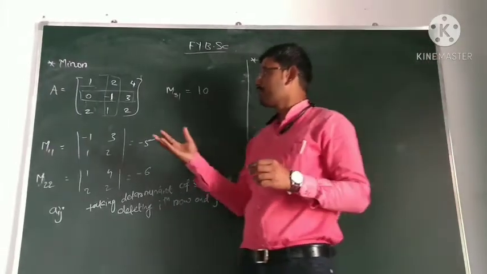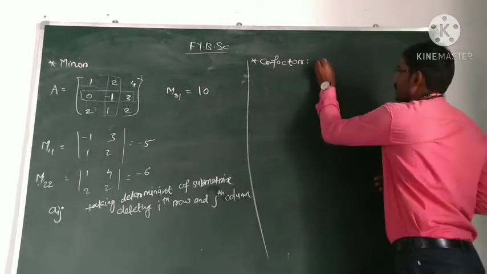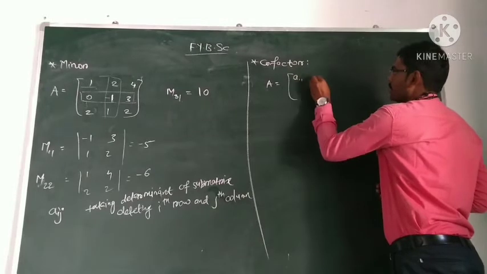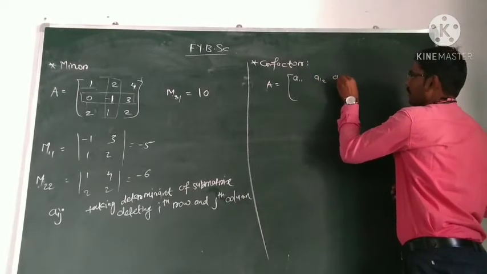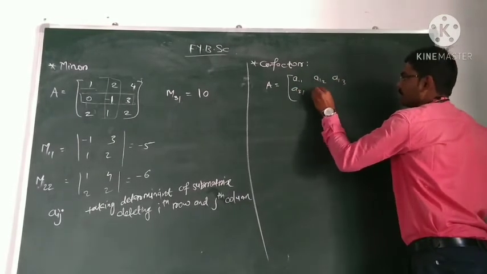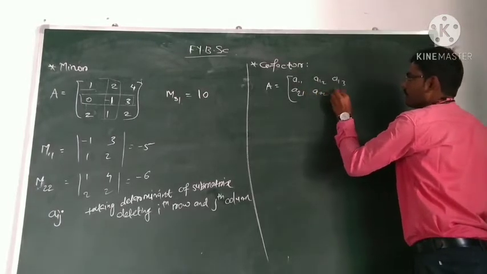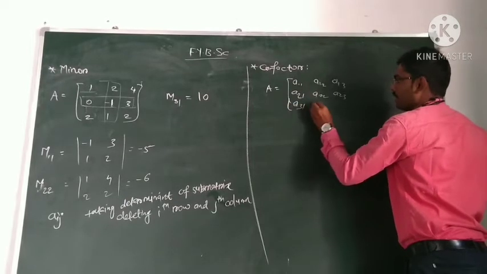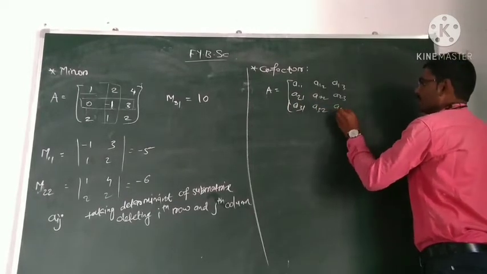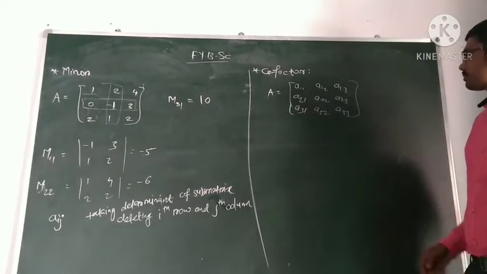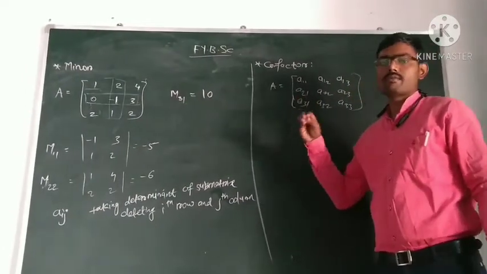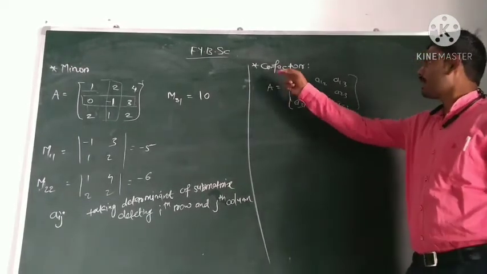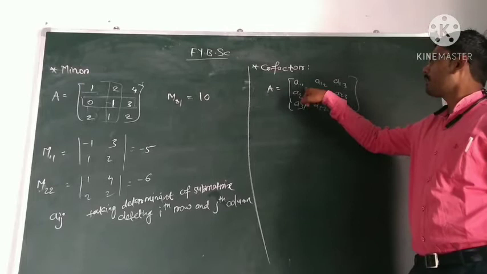Consider the matrix A equal to A11, A12, A13, A21, A22, A23, A31, A32, and A33. You can take any matrix of any order. Suppose you have to find the cofactor of A11.